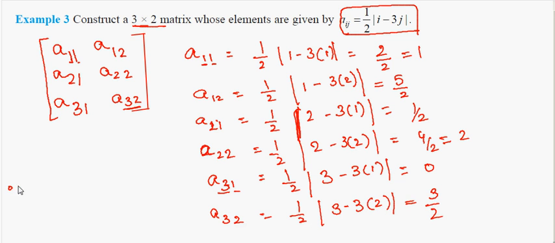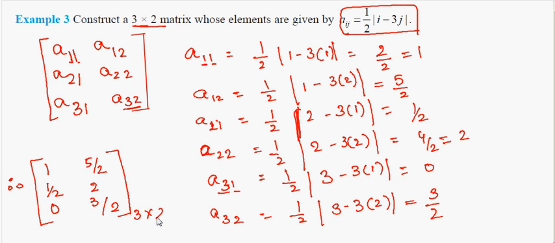Therefore the matrix will be: A11 is 1, A12 is 5 by 2, A21 is 1 by 2, A22 is 2, A31 is 0, and A32 is 3 by 2. This is how it is, and the order is 3 by 2, and these are all called the elements of that matrix. I hope you are clear with this.